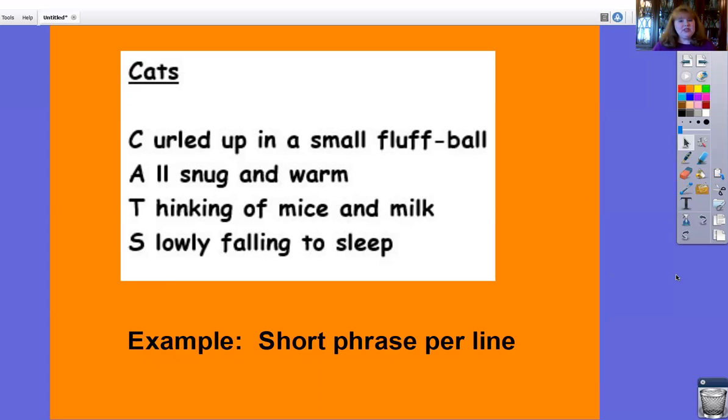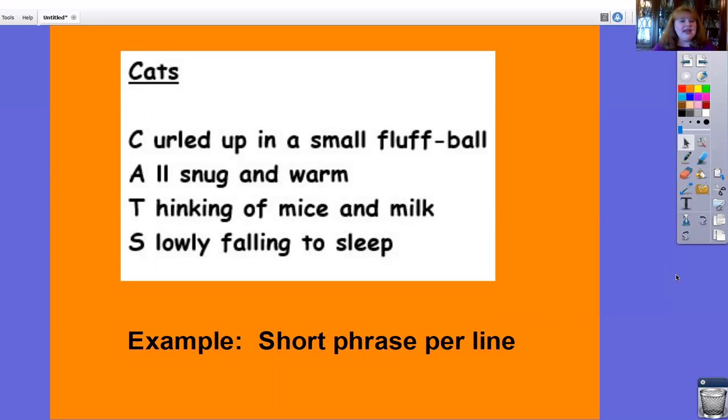And when we look at each line, this time in the example, it's not just one word, but it's a short phrase that is describing our topic of cats. So in the first line, the letter C, curled up in a small fluff ball. Boy, that describes cats, doesn't it? A, all snug and warm.